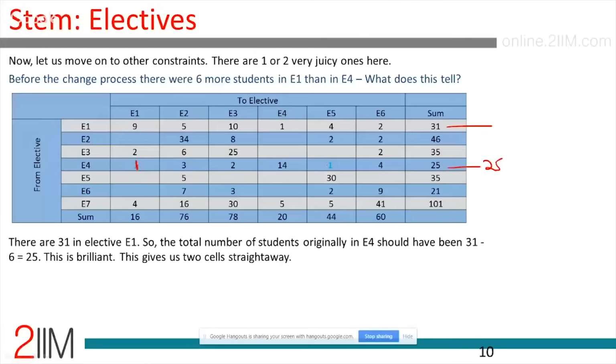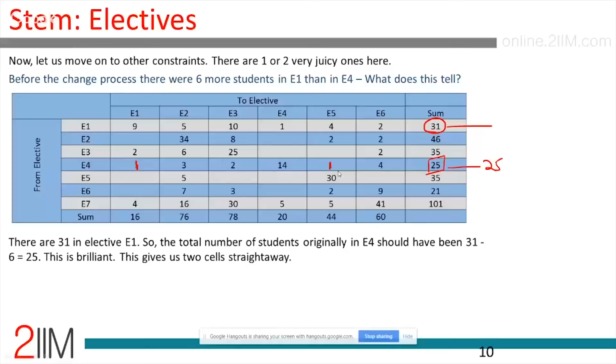E1 has 6 more students than E4 originally, and E1 had 31 in total, which we are confident of. That means this number should be 25. It was 23 originally with 2 empty cells, so both of those empty cells should be 1. So we filled in 2 cells. Super. Out of 12, we've already filled in 2.